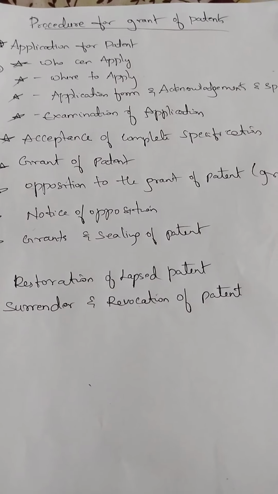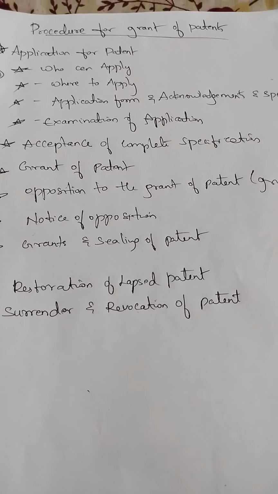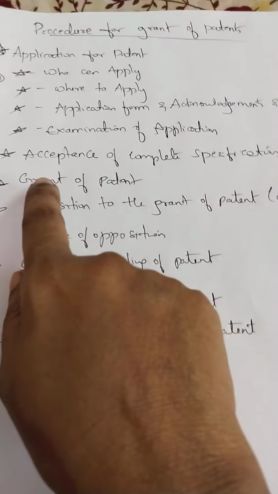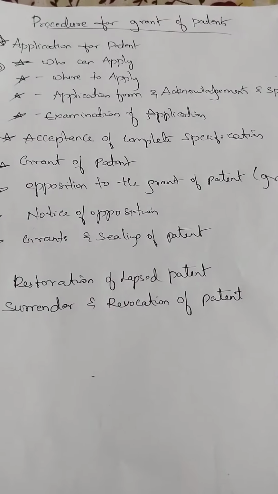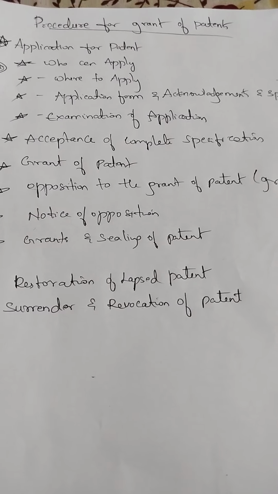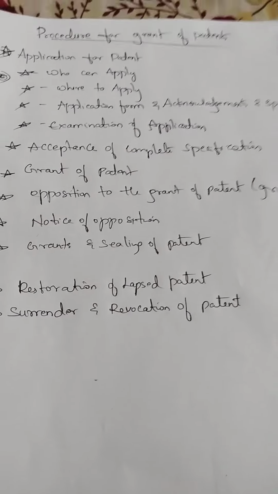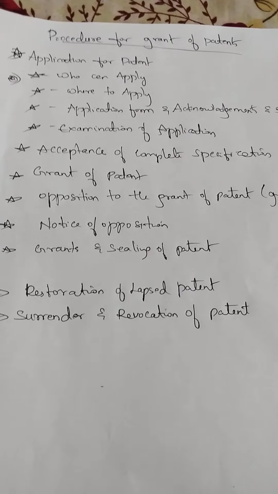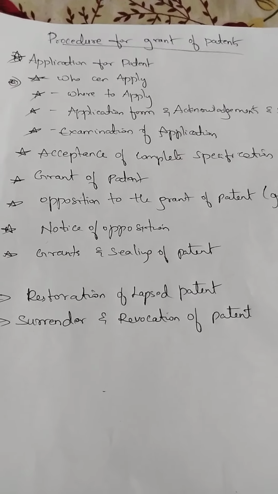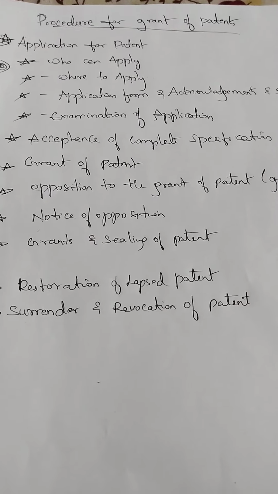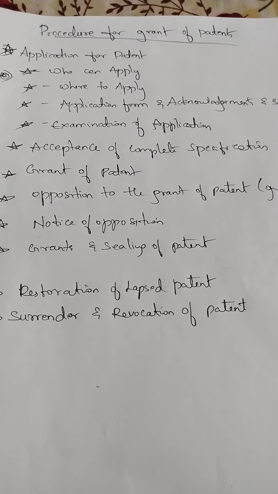So within the 4 month period, after they put it in the official gazette and kept it for public inspection, there should be opposition coming from the opposition party. If it comes after that, definitely it will not be granted.